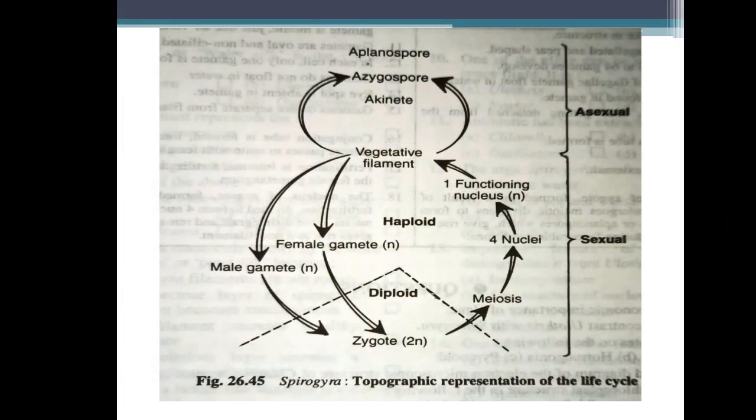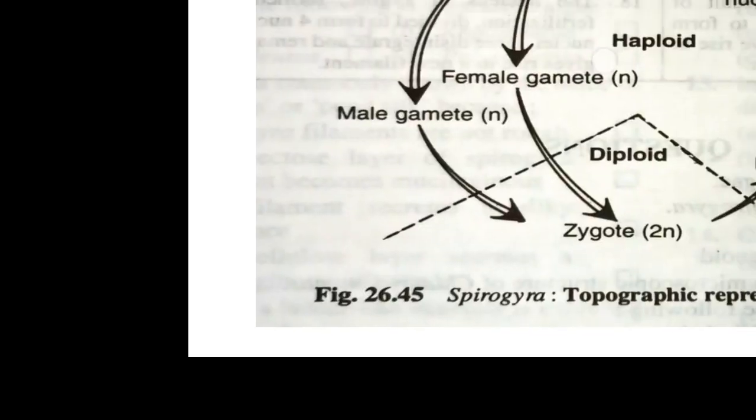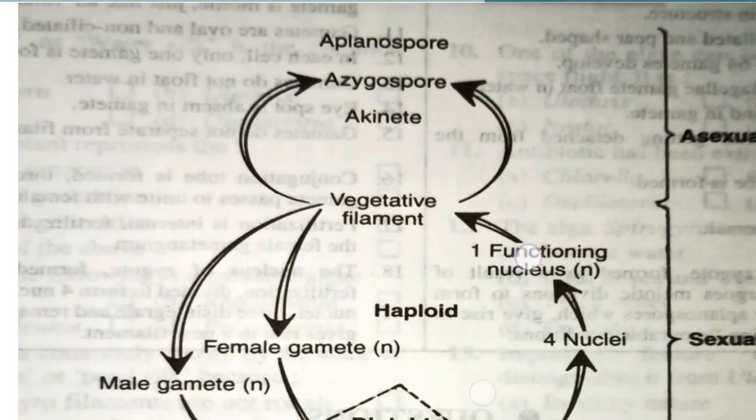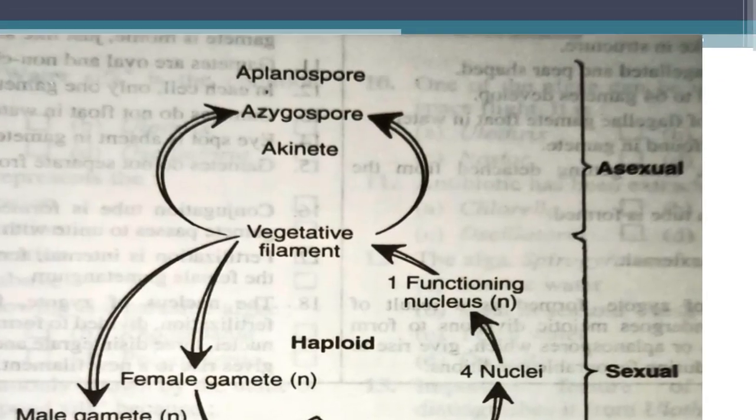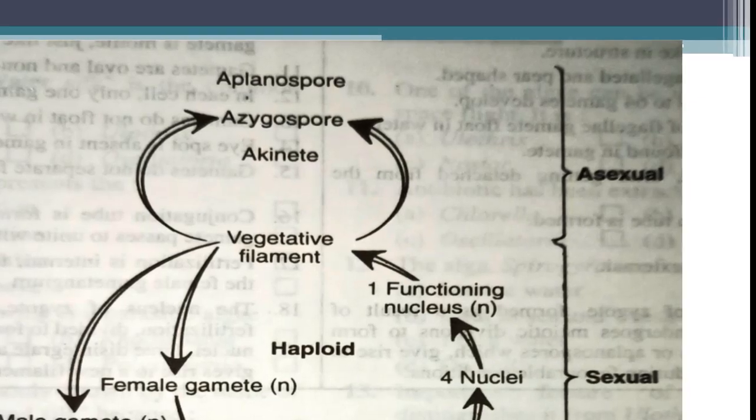Now this is just a graphical representation of the life cycle of Spirogyra. You can observe that this one is the vegetative filament, and after getting suitable conditions it converts into a zygospore. In adverse conditions, it forms the akinete stage or aplanospore, which is the asexual mode of reproduction.